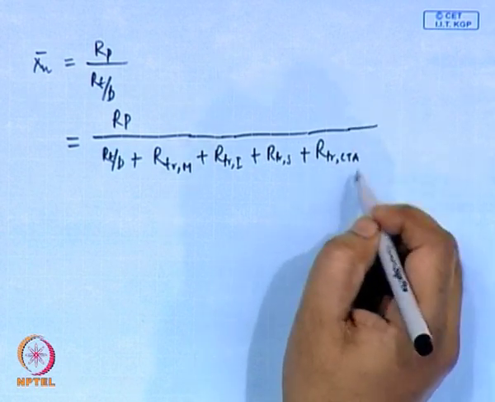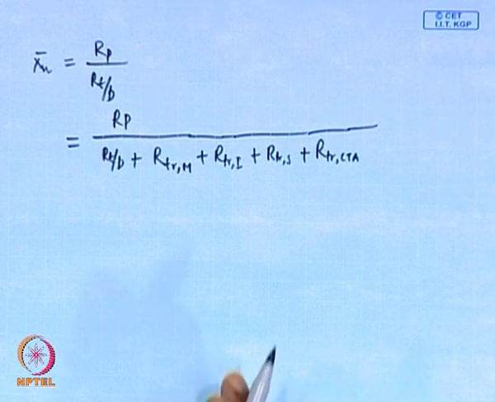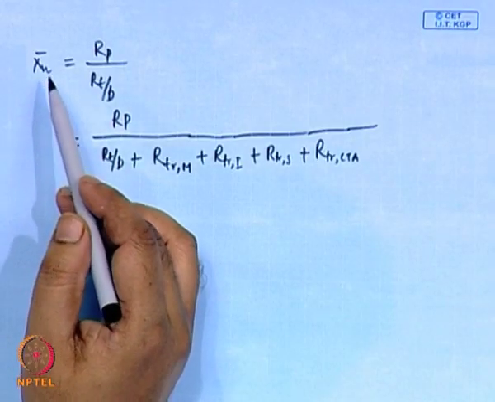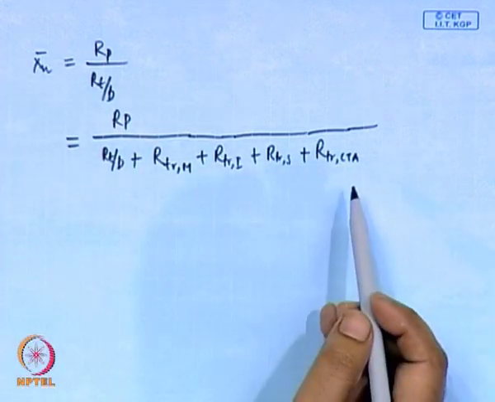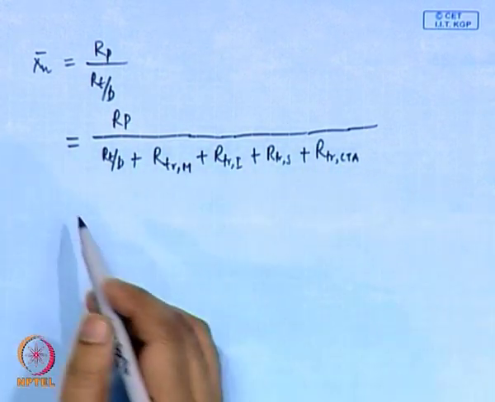We are not writing the rate of transfer by polymers, because as we have seen, polymers do not contribute in terms of decreasing the molecular weight of the polymers.